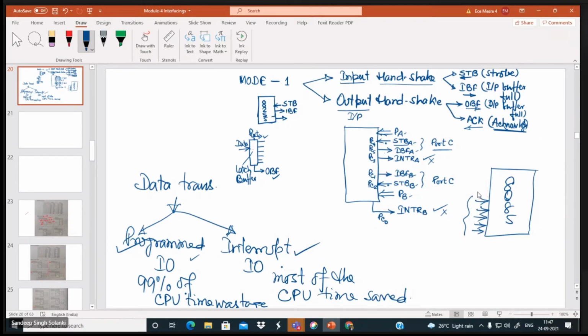Either you can use TRAP, 7.5, 6.5, 5.5, or INTR. You remember? These are the interrupt pins directly available: 7.5, 6.5, 5.5, and INTR.